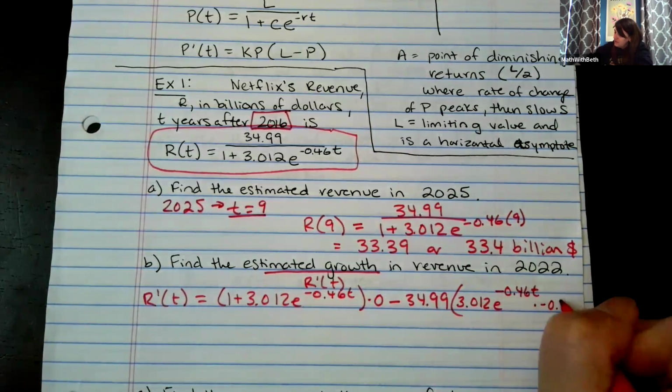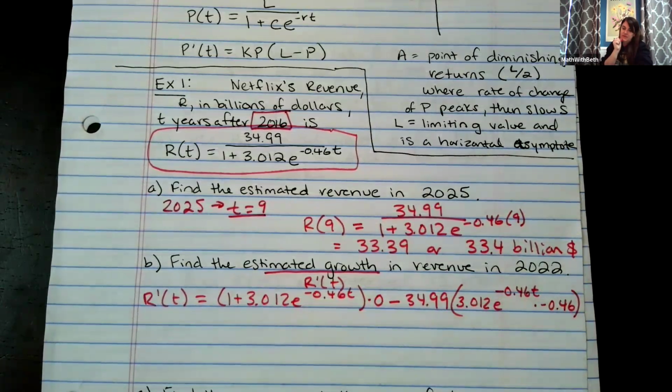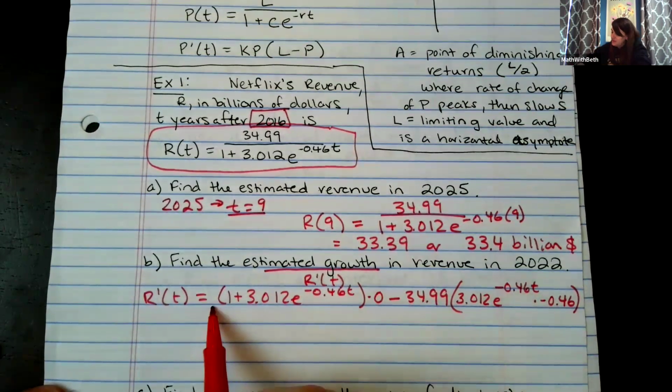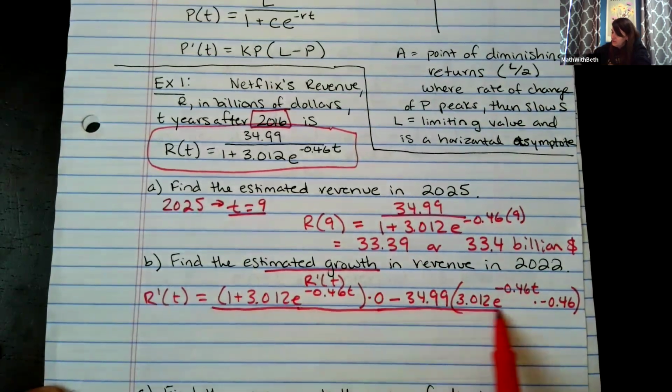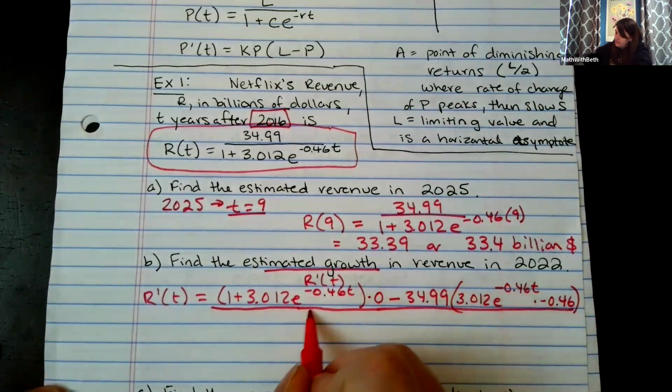So that would be an extra little negative 0.46 there. And then that's all over the bottom squared.